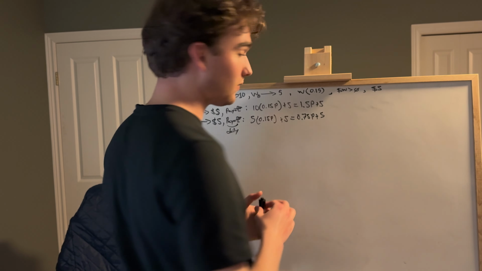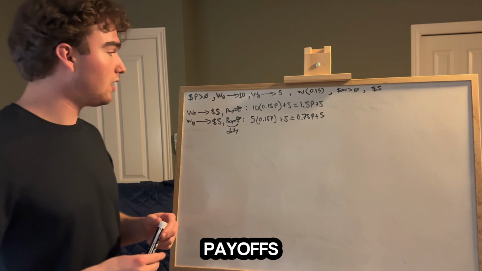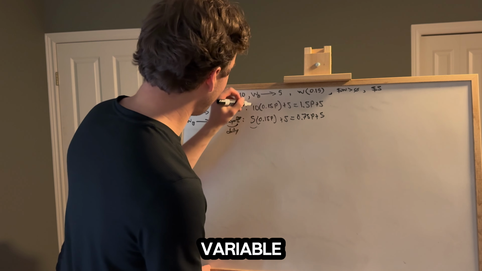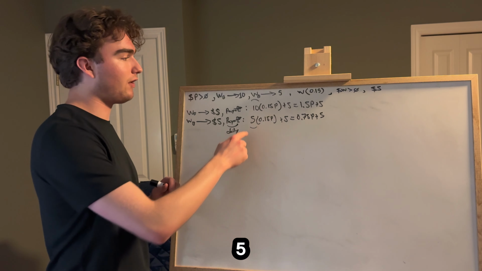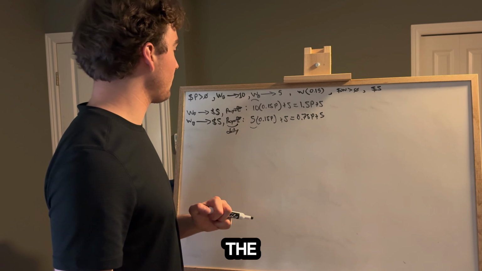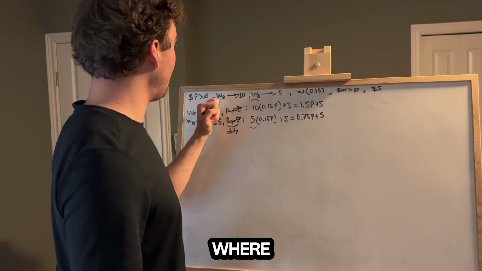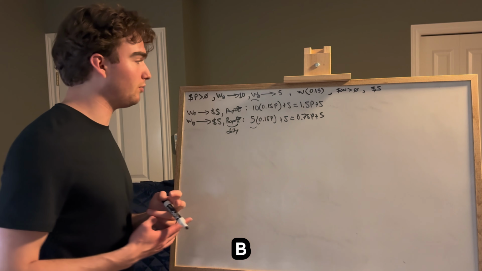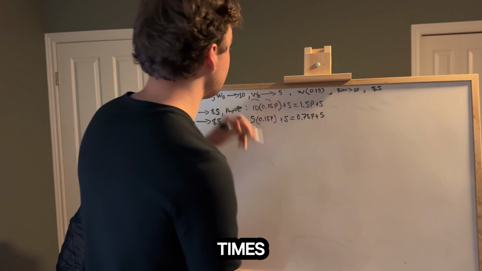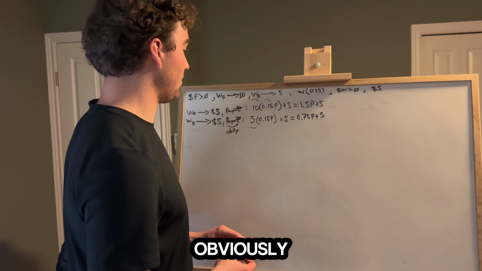Let's do that. Okay, so what's written down here are the 2 different payoffs. So we have our first variable here, which is either 10 or 5, because this depends on the amount of guests that they're able to serve, where WG serves 10 and WB serves 5, and then it's times, well, bracket times 0.15 because this is the 15%, and then P is obviously the price of food.